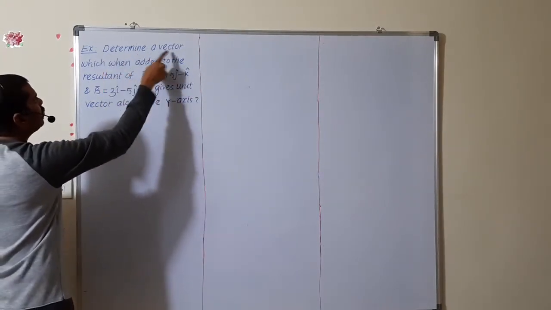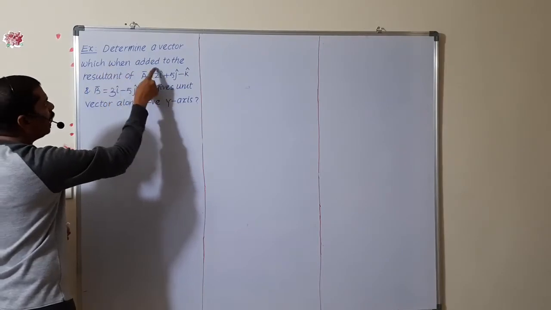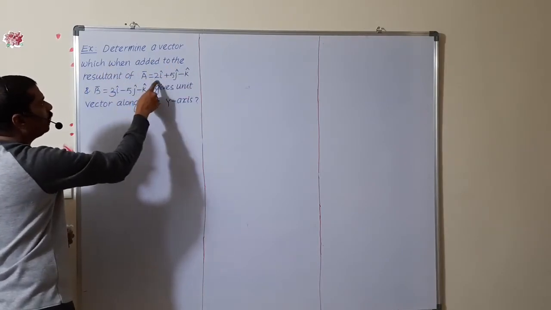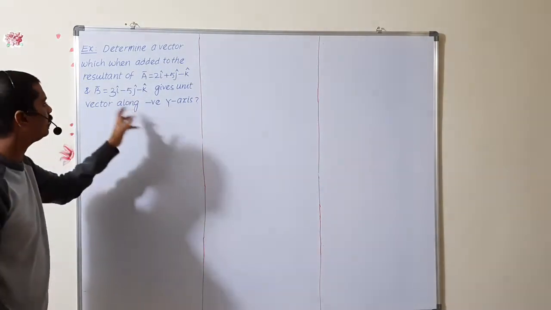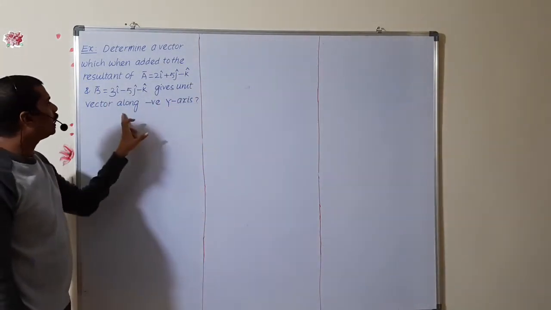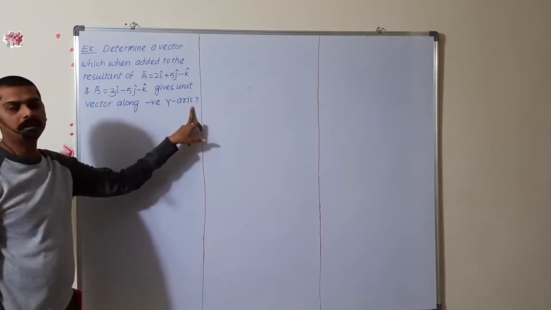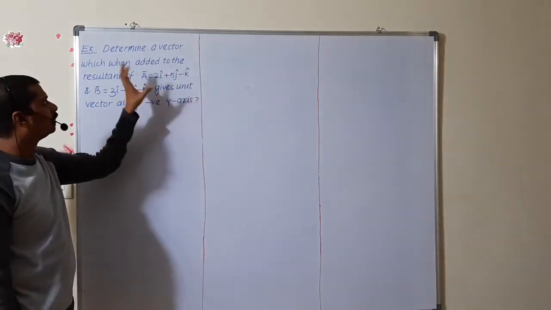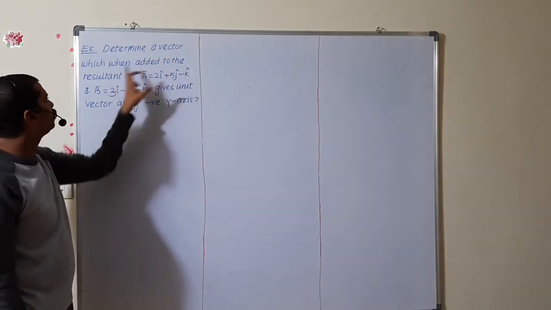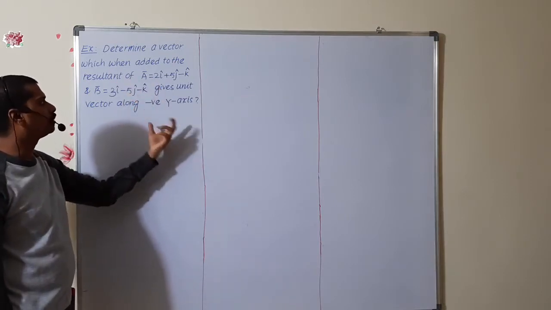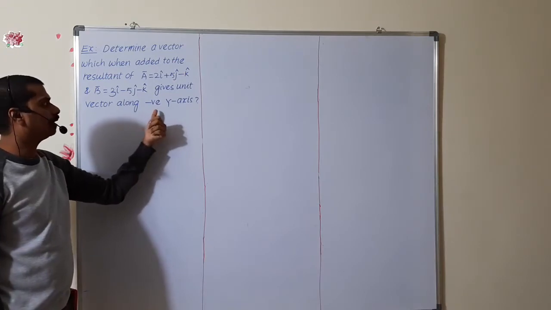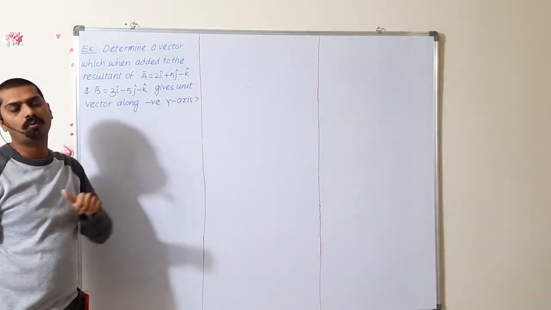Three vectors' resultant is equal to the negative unit vector along the y-axis. This question means three vectors are there: added to the resultant of a vector and b vector, that is equal to the unit vector along the negative y-axis.